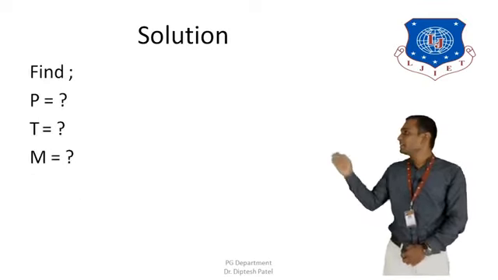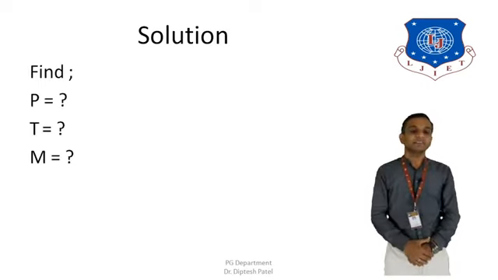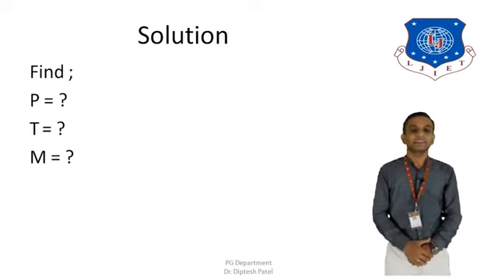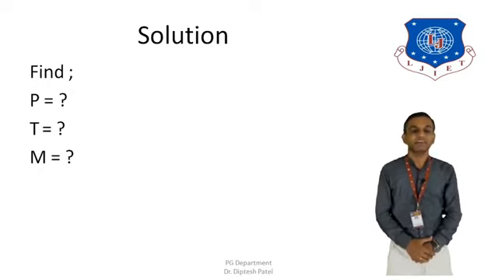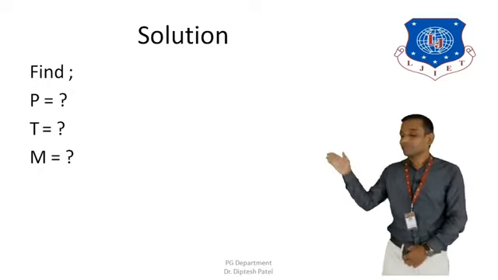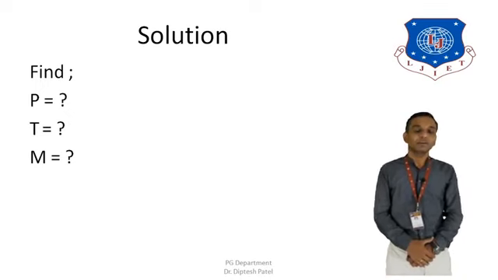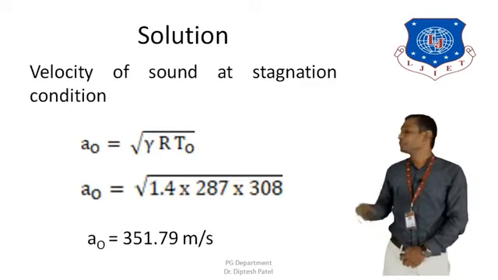On the basis of that, we need to calculate first the static conditions, in which the static pressure, second the static temperature, and the third is the flight Mach number, capital M. So these are the three different things that we need to go through to solve the numerical. So now let's start the numerical.